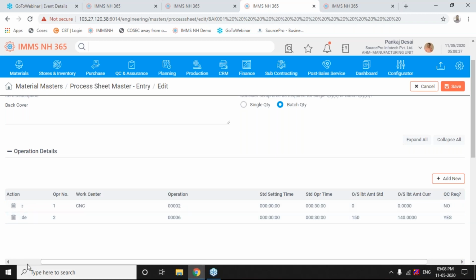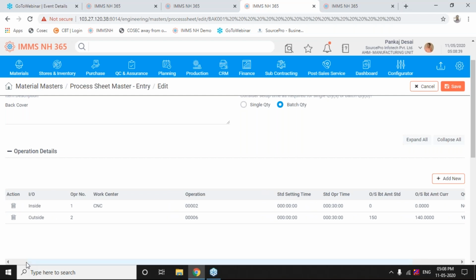A work center is a part of the shop and operations have to be performed. That is something that you have to note here. There is a very important phenomenon for this.